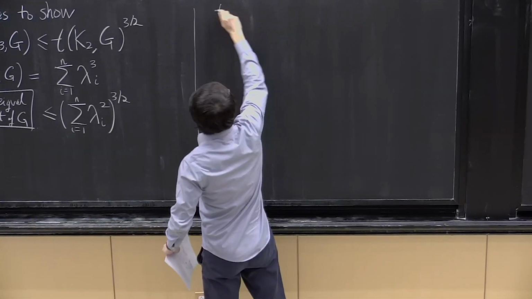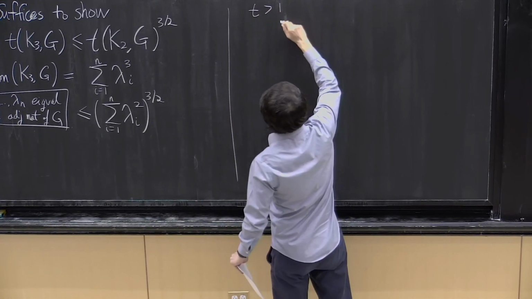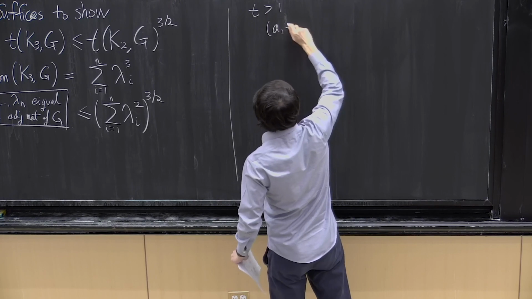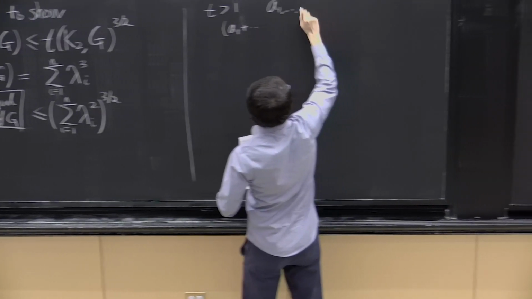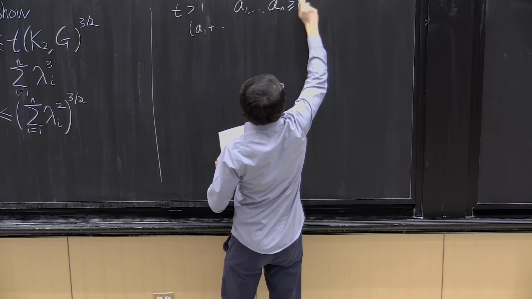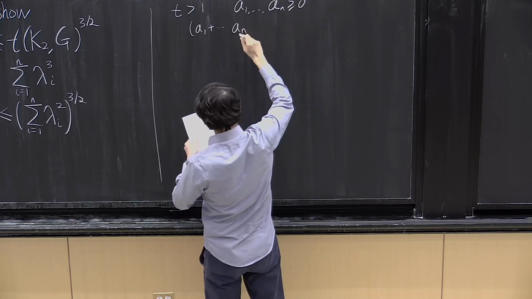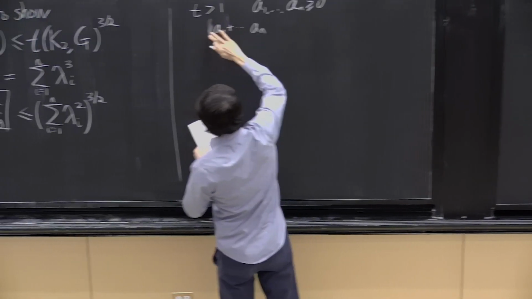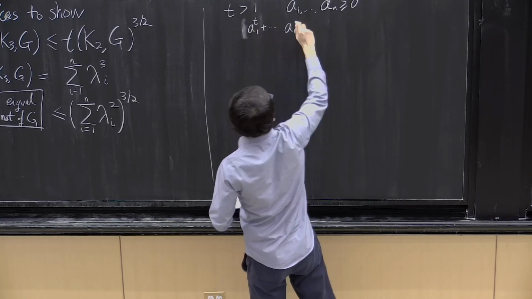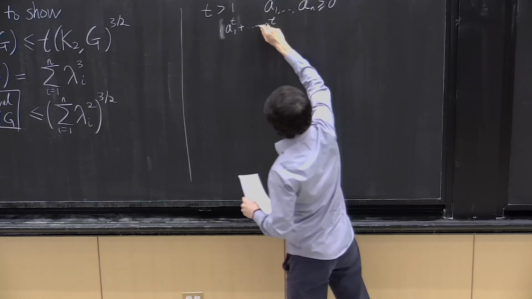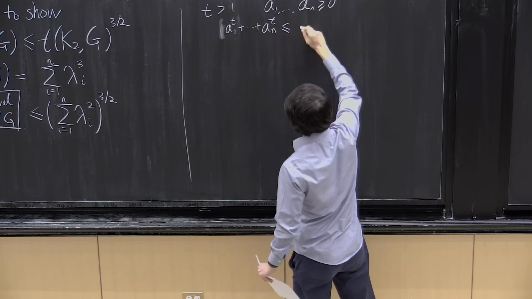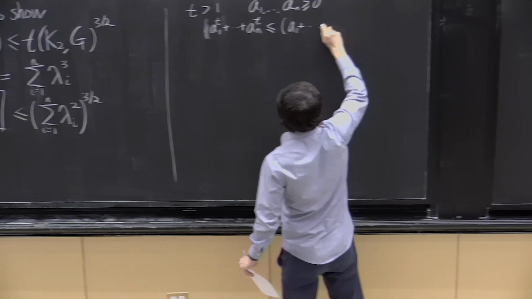If you have a positive t, and you have a bunch of non-negative reals, then the claim is that this t-th power sum is less than or equal to the t-th power of the sum.